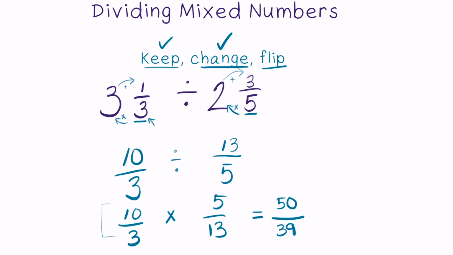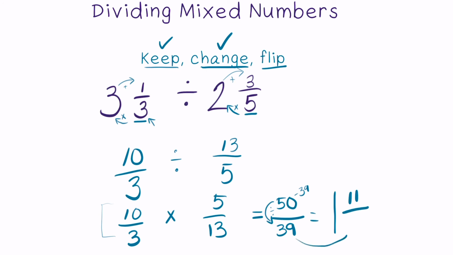We can do that by dividing 50 by 39. How many groups of 39 fit into 50? And the answer to that is one full group of 39 fits into 50. Okay. So that would be 39/39. So if we subtract 39 from 50, we have 11 left over.